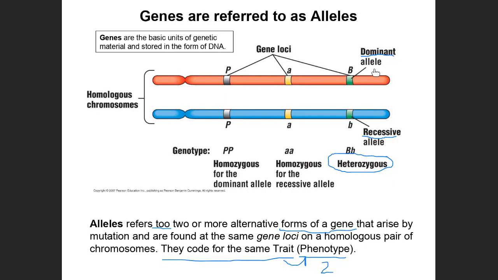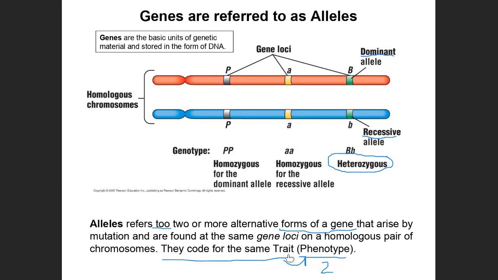what they found is that the dominant allele is the one that determines the phenotype, even in the presence of the other form. So in individuals that are described as being heterozygous, that means on a pair of homologous chromosomes, they've inherited two forms of a gene, but they both code for the same trait.